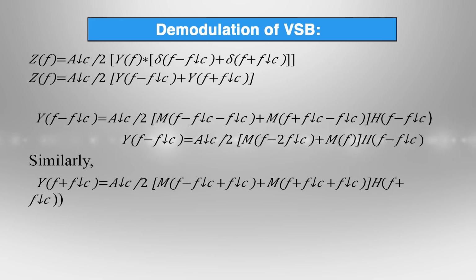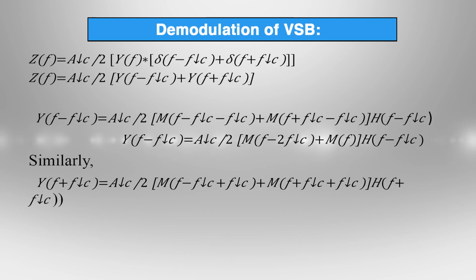It can be simplified as Y(f − fc) equal to Ac/2 times [M(f − 2fc) + M(f)], the whole multiplied by H(f − fc).